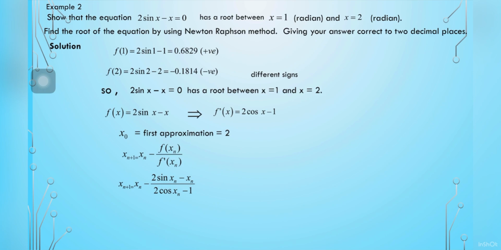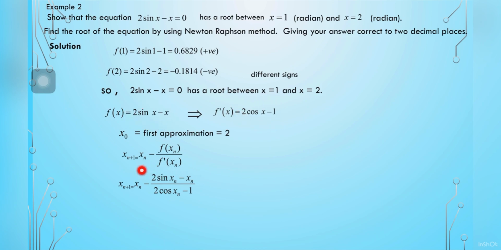So this is the general formula: x(n+1) = xn - f(xn)/f'(xn). Then of course, I have to substitute f(xn) and also f'(xn) from these functions.